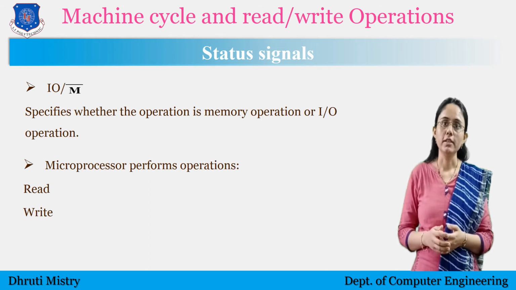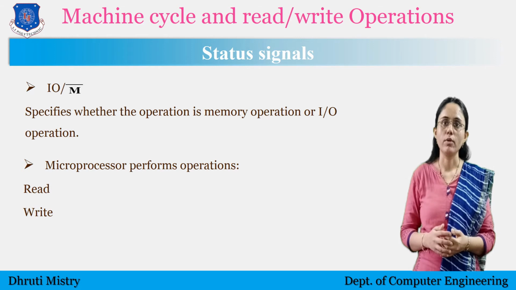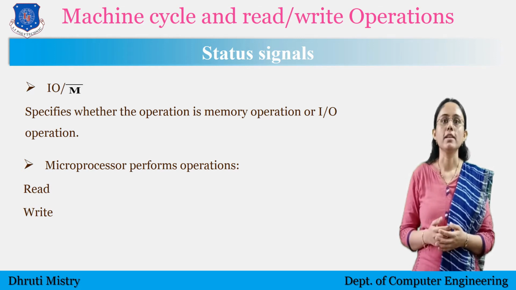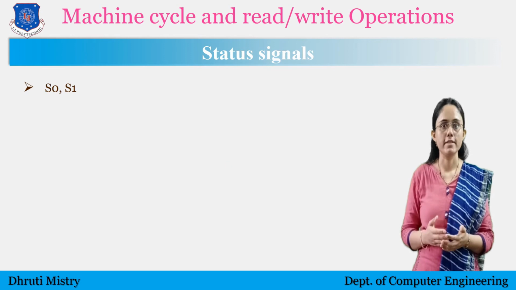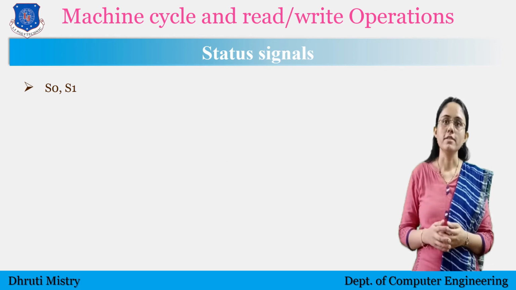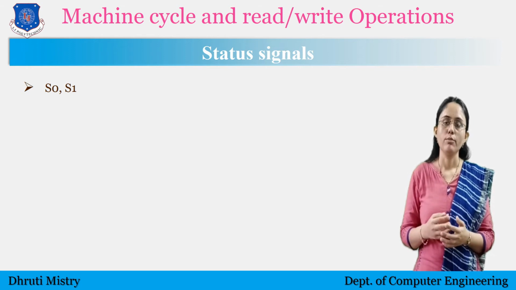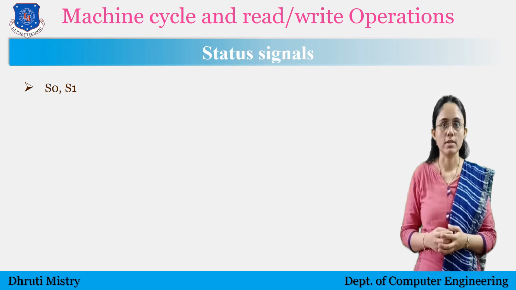Now, which operation is performed by the microprocessor is shown by the selection lines called S0 and S1. In short, these signals are used to specify the kind of operation being performed by the processor.